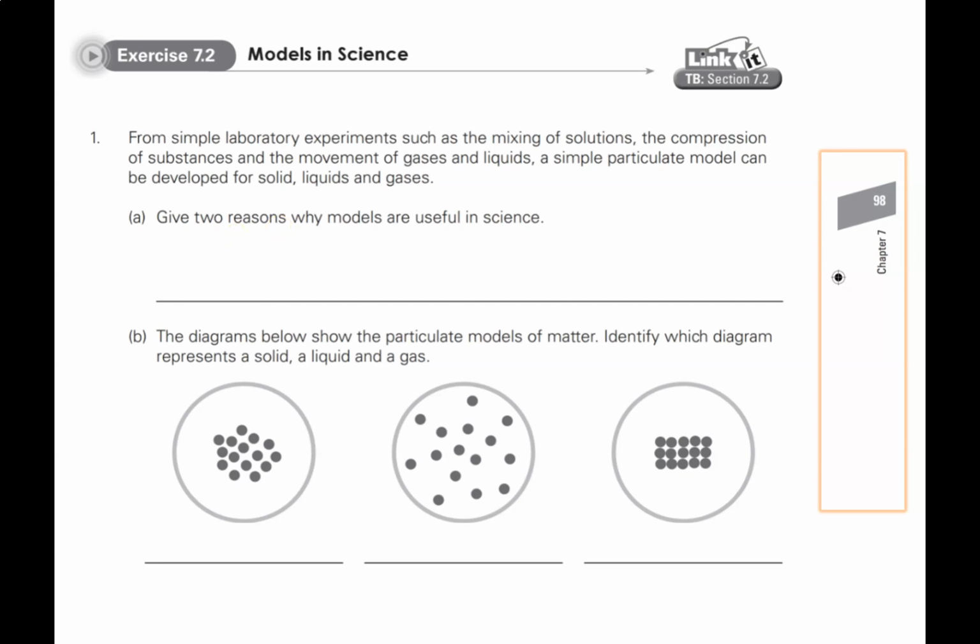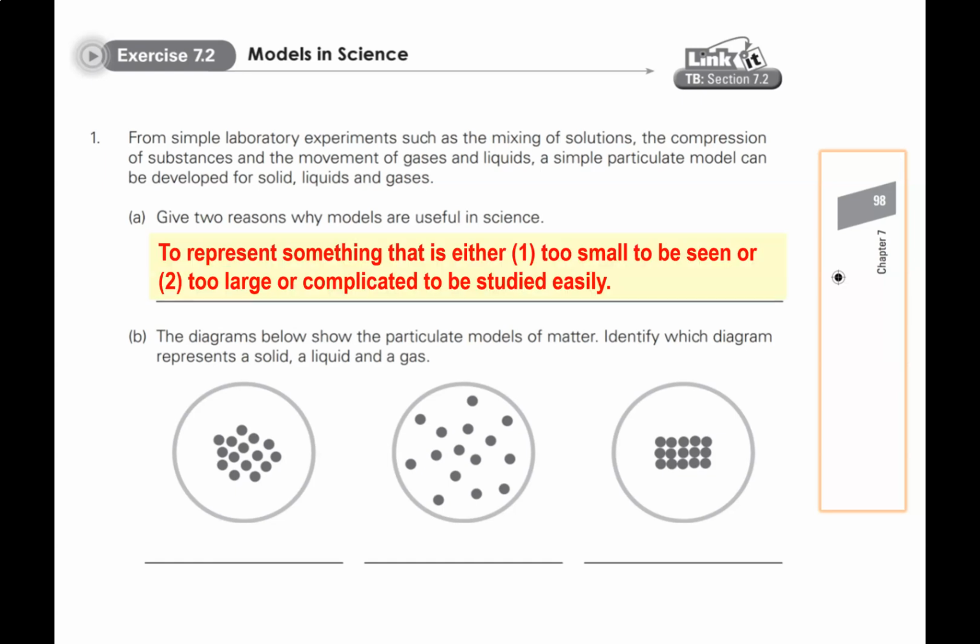Question A. Give 2 reasons why models are useful in science. As mentioned earlier, it can represent something that is too small to be seen, or number 2, is too large or complicated to be studied easily.